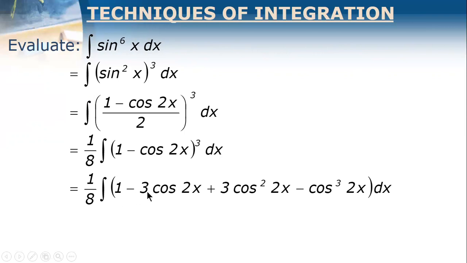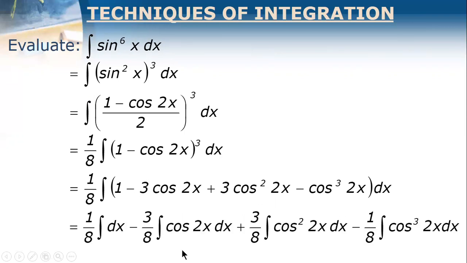So it's 1 minus 3 cosine 2x plus 3 cosine squared 2x minus cosine 2x raised to the power of 3. And then separate all the terms, and you will have 1 over 8 integral of dx minus this.